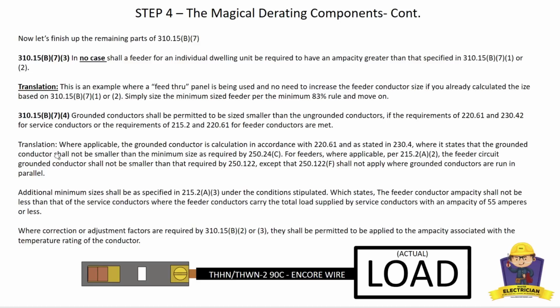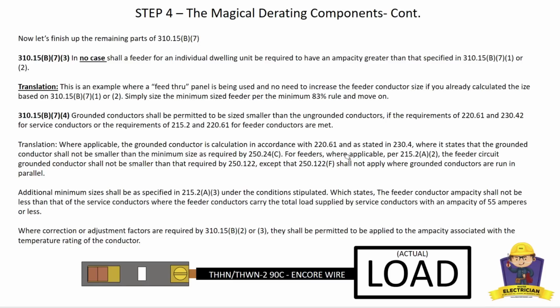All right, now a translation, I just want to clarify here. Where applicable, the grounded conductor is calculated in accordance with 220.61. We already talked about that. And as stated in 230.42, the grounded conductor shall not be smaller than the minimum size required in 250.24(C). Okay, so that's where that comes from. So this is a size, and ultimately this is probably going to kick you again to 250.102(C)(1) in that table, because that's the new table for sizing grounded conductors as well.